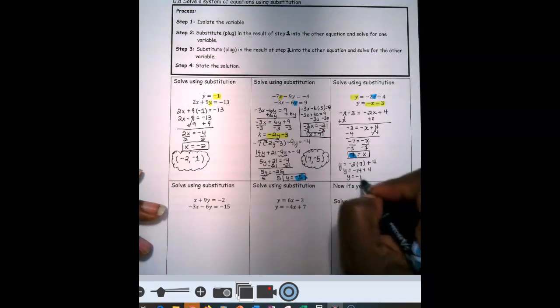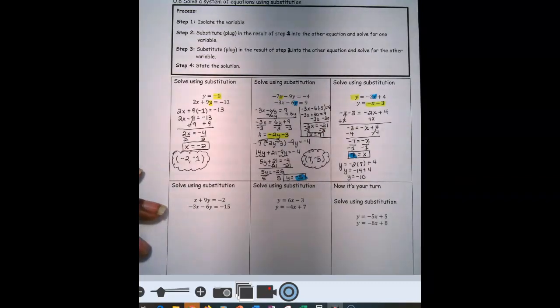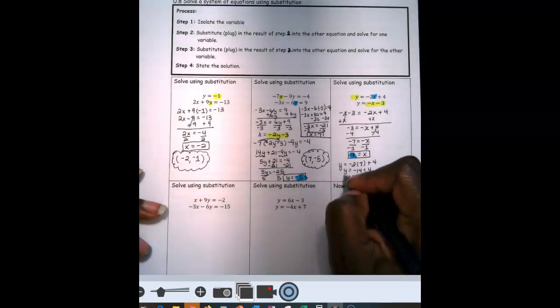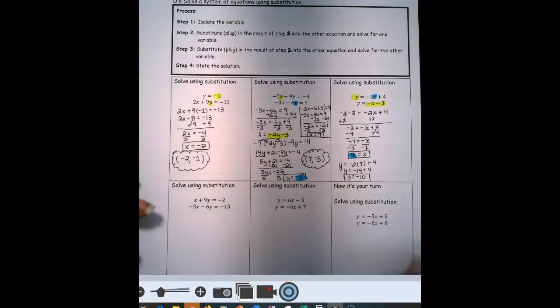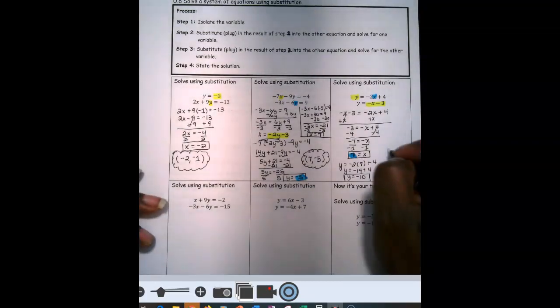Y therefore is equal to negative 10. So now what I know is that the ordered pair that makes this true is 7, negative 10.